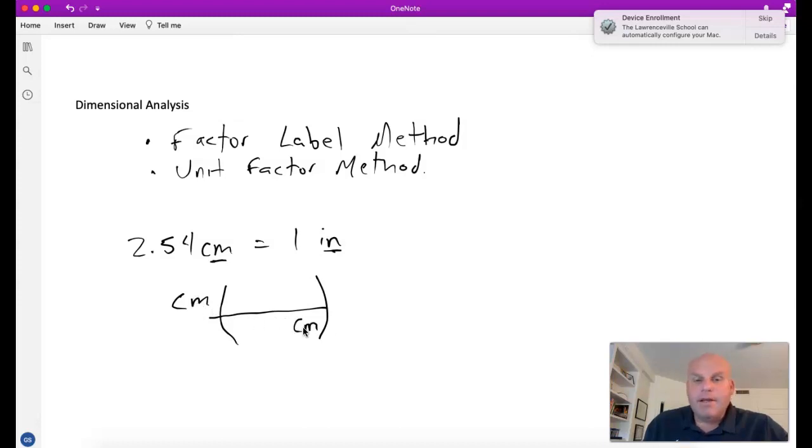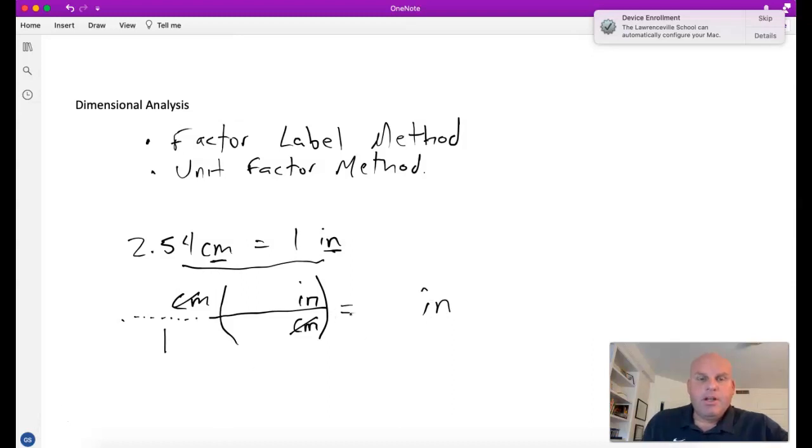Centimeters is on top out here, on the bottom here, right? We know this is basically over 1. So then this allows me to put my other unit in my conversion factor on top. So I would effectively have canceled out centimeters and my answer would be left in inches.